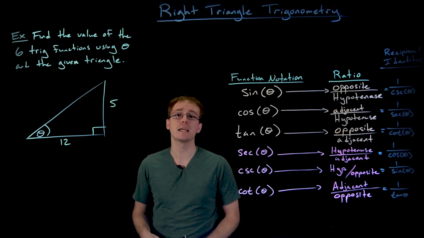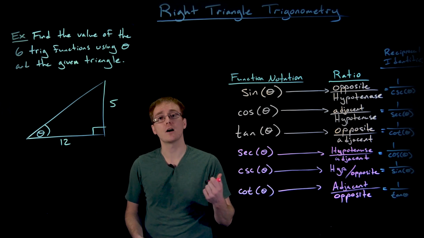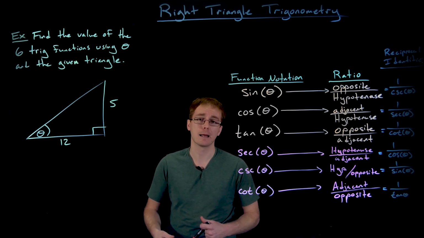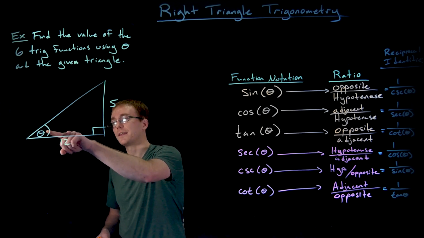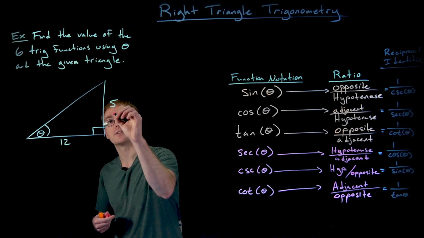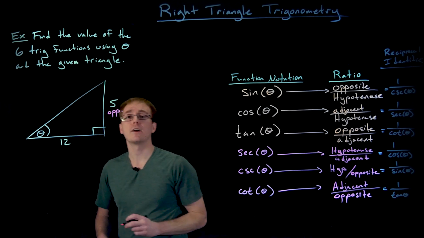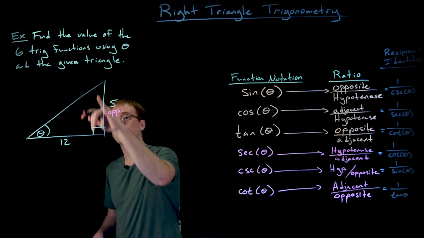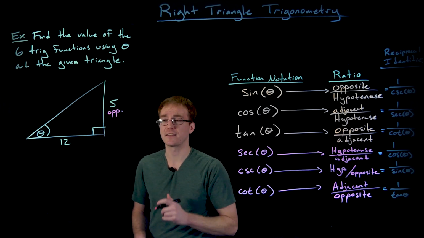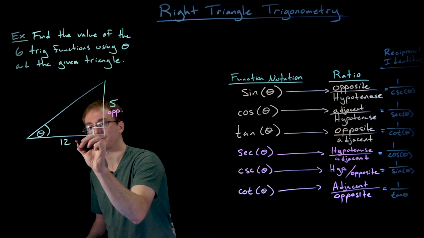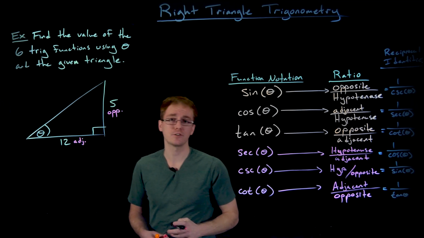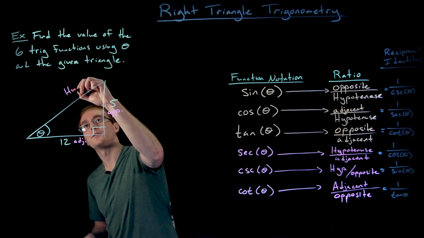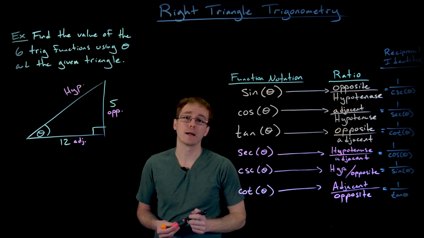It might be useful to label these as the side opposite our angle theta, the side adjacent to our angle theta, and the hypotenuse. 5 is on the opposite side of our angle theta, so that is our opposite side length. 12 is not opposite our 90-degree angle, so it is not the hypotenuse. It is touching our angle theta, though, so that makes it the adjacent side. And this, of course, is going to be the hypotenuse of our right triangle.